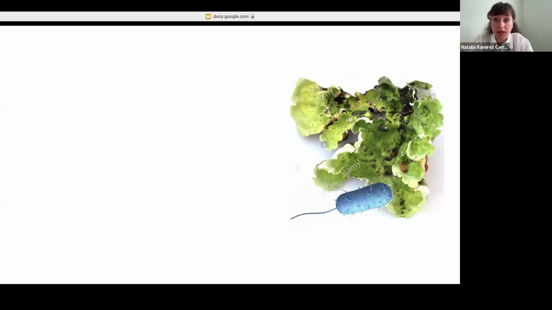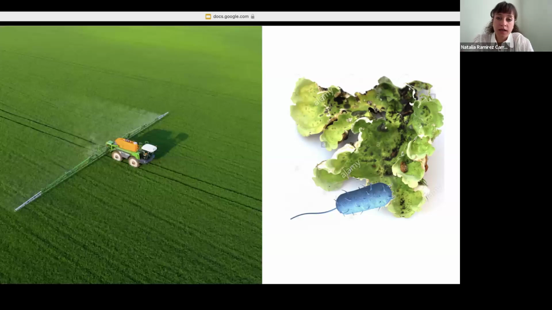But we found out that they can cope with that. So it's something to keep in mind: if you have lichens next to a crop, maybe it could be a source of contamination, even though, as I said, we don't think it is a threat because the amount is really low, and usually they're found in cold habitats.